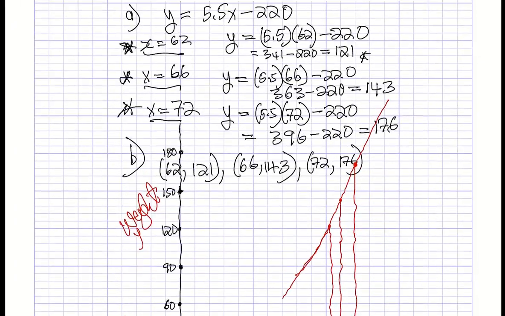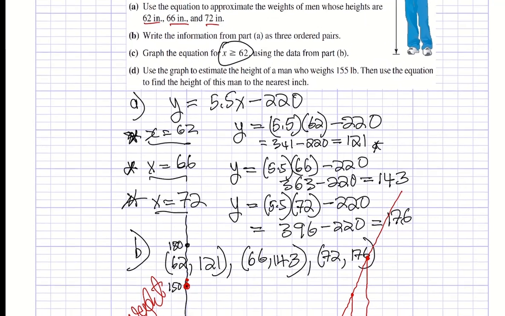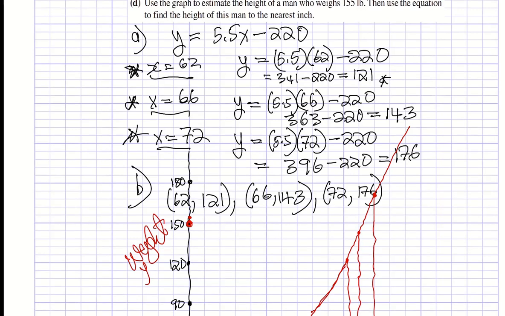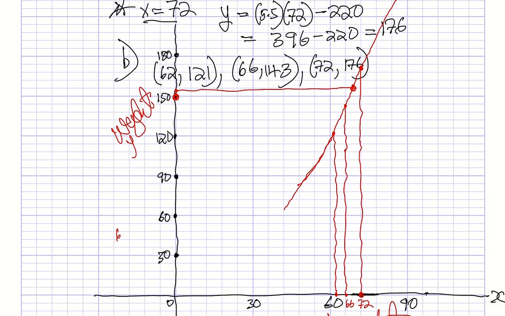So if a man is 155, this is 150. Each unit is 6. So it should be here somewhere, not quite 156, but 155. Then you take that, see where it meets the graph, right there, if our graph is correct, and you trace it down to right here.